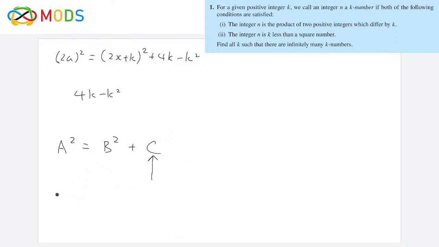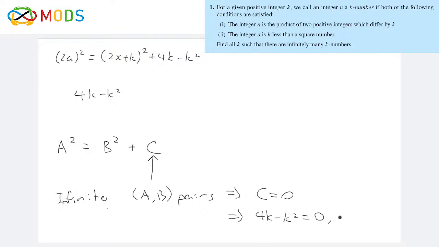So if you want infinitely many a-b pairs, you get c equals 0, which implies that 4k minus k squared equals 0. So this has 2 solutions, right?